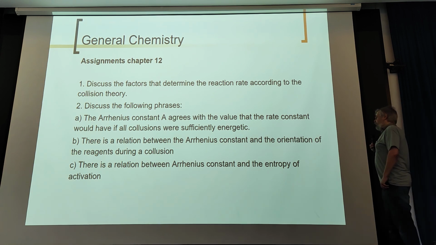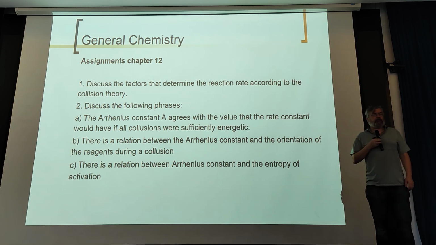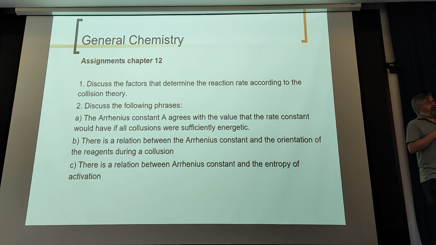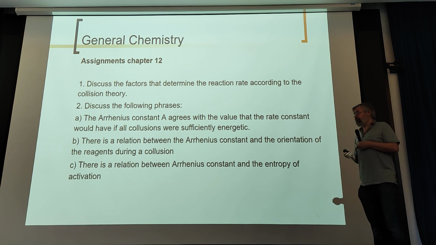The second statement says that there's a relation between the Arrhenius constant A and the orientation of the reactants during a collision, for you to consider. And then the third one is that there is a relation between this Arrhenius constant A and the entropy of reaction, and the entropy of activation, I should say.